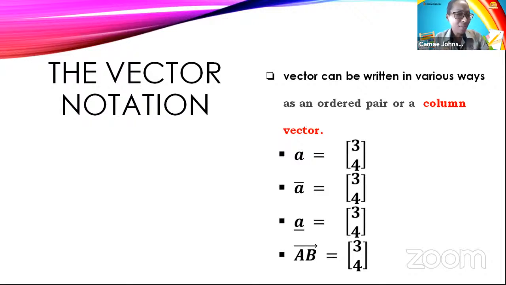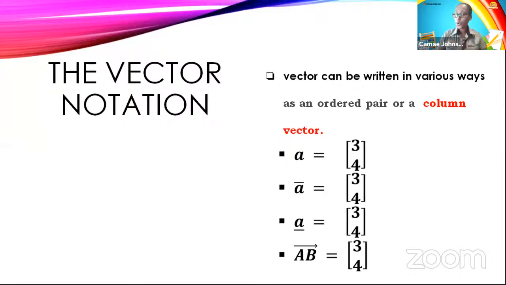So when I look at this, in my first one I'm seeing just A by itself. But I recognize that my 3, 4 is still in a column. When I look at the second vector, it's still 3, 4, but I realize that A has a little line above the top of the letter.